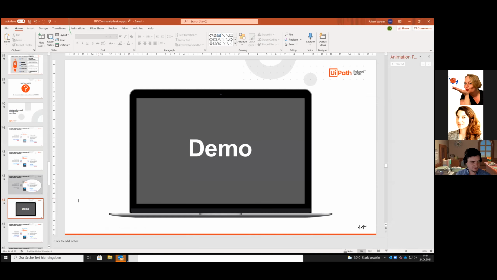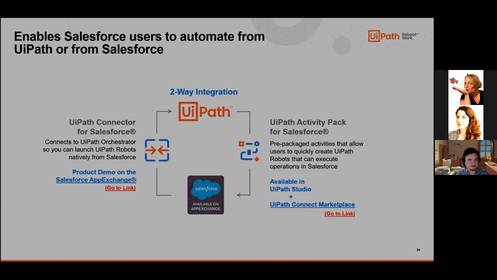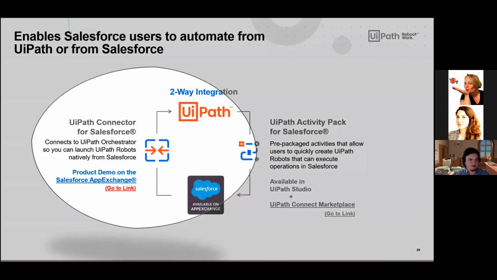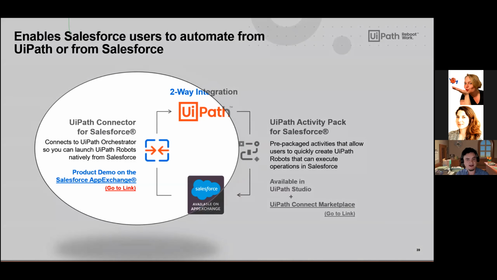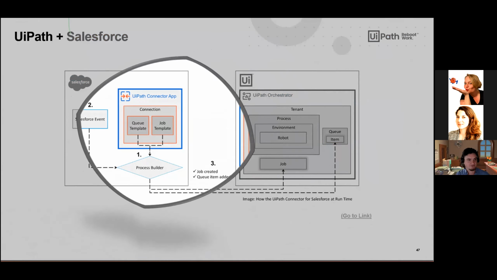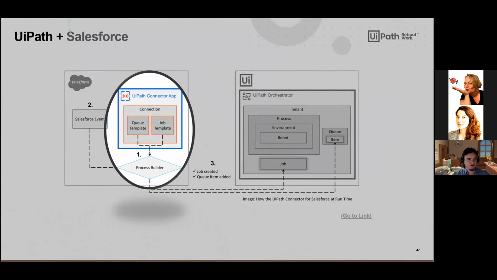All right, so the second thing I would like to show, let's quickly go back to my slide. So this is the Salesforce Connector, which is an app directly in Salesforce. And maybe before I start, I'll give a very quick overview of what it does. We have Salesforce on the left side, on the right side our UiPath platform, and we're going to configure our connector app, where you can configure queue templates or job templates, and you can connect these to the process builder.